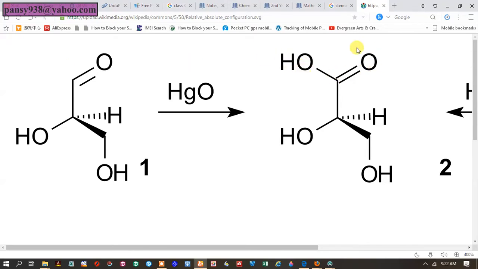So the glyceric acid is formed, which has the structure like this, and the stereochemistry around the chiral center remains unchanged.